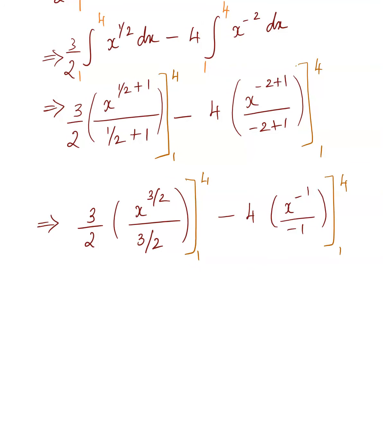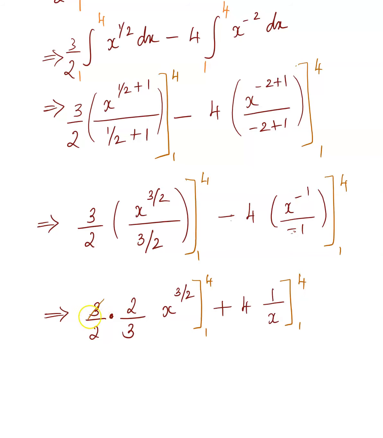I'm still in the cleanup process, so this 3 over 2 in the bottom is going to flip up and become 2 over 3. Just for convenience, I'll put it out explicitly. So we are left with x power 3 over 2, and this minus will combine to give us a plus 4. X power negative 1 is the same as 1 over x. And I just want to apply the limit for just the x part.